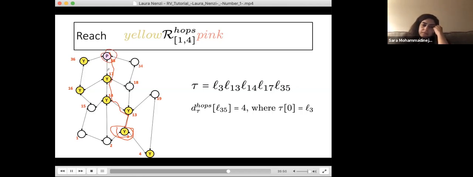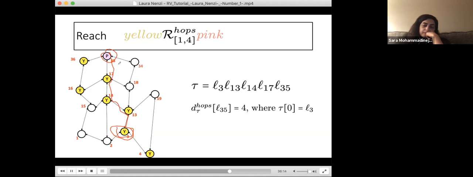All previous locations of the route satisfy the yellow property, and the distance from L3 to L35 of this route is 4.